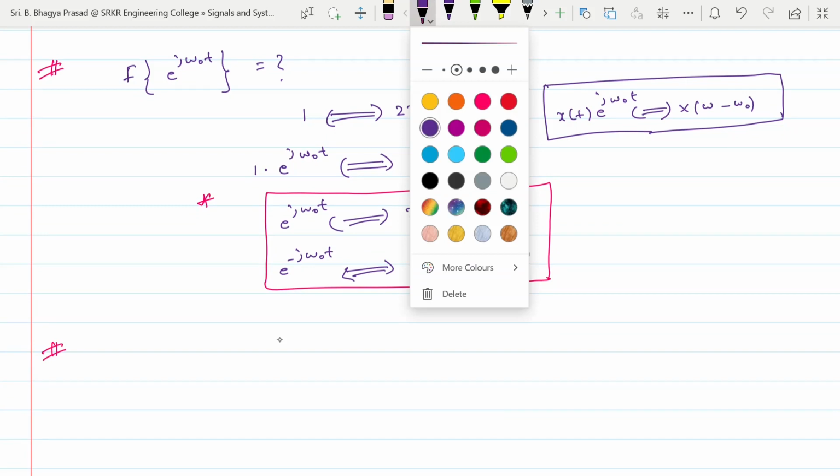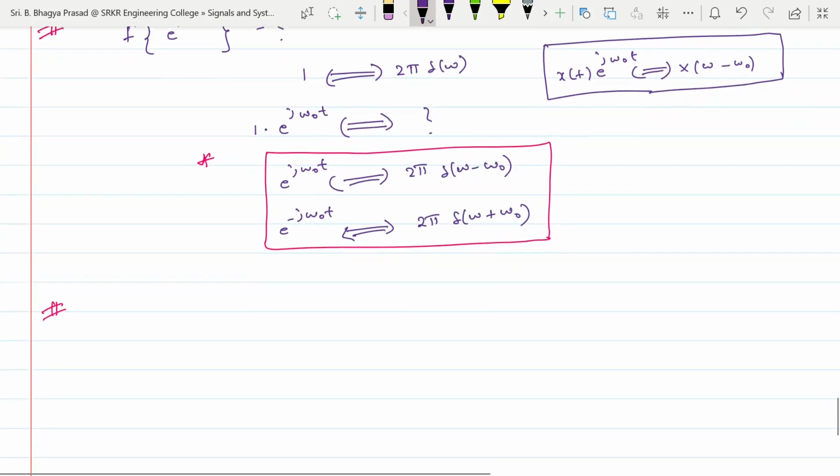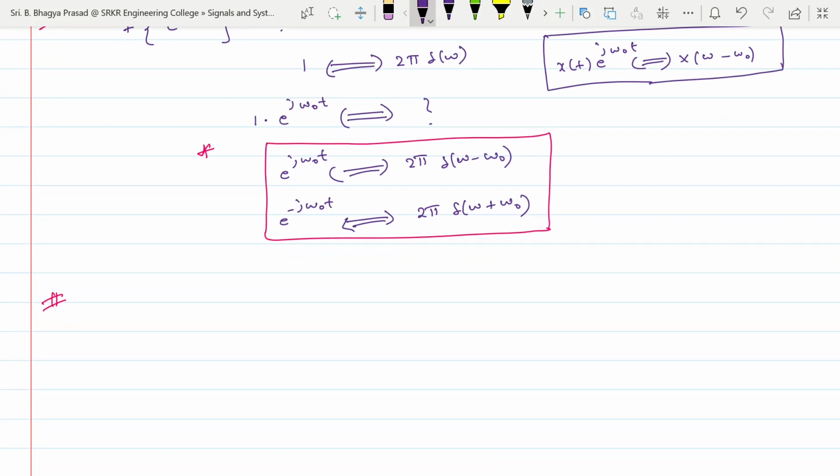Now let us go for another problem: the Fourier transform of u(t). Before solving it, let us solve the Fourier transform of the signum function, because we can represent u(t) with the help of the signum function.